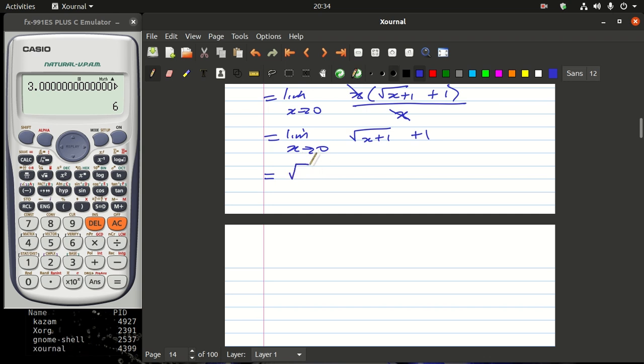So I plug it in, and I end up getting some nice values. The square root of 0 plus 1 is the same as the square root of 1, plus 1, and the square root of 1 is always going to be positive 1, plus 1, which is just 2. So we have evaluated this limit.